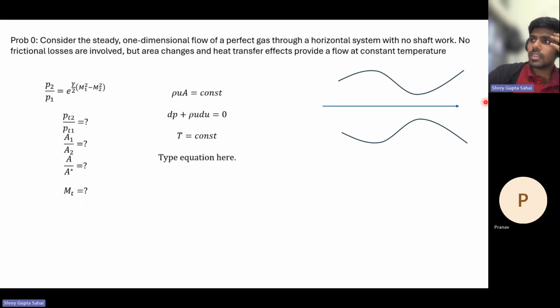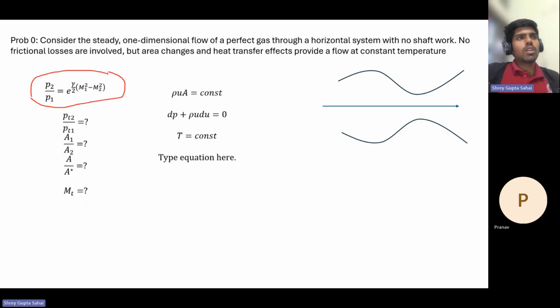So now if we begin, note that we don't have an expression for area, and area does not appear in the formula we are trying to derive. So a hint here is that we want to remove the dependence on area. Maybe this problem can be thought of in this manner: area changes cause temperature changes, but heat transfer is designed to happen in such a way that the temperature remains constant.